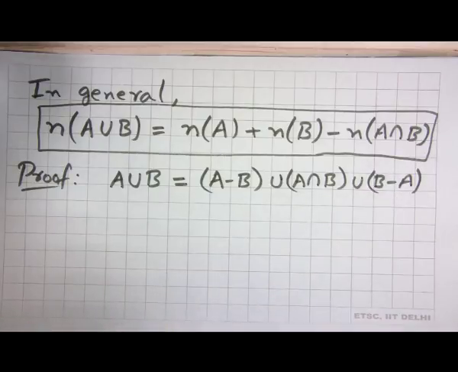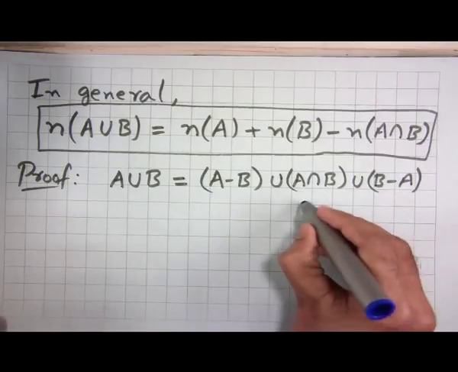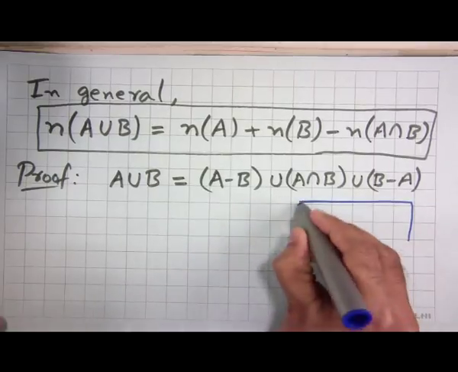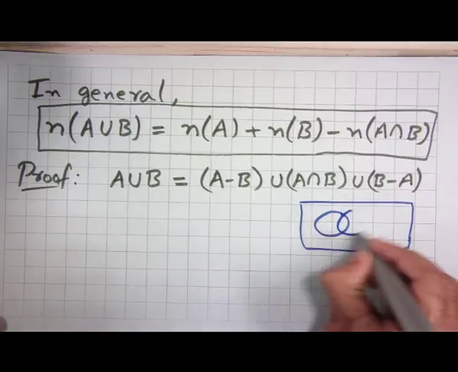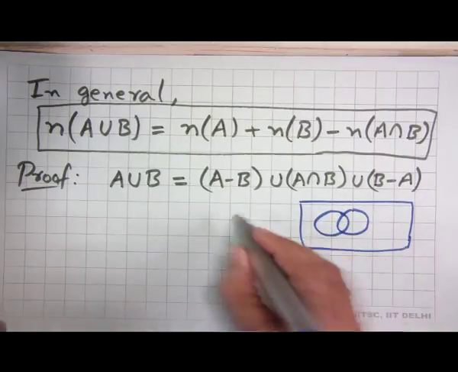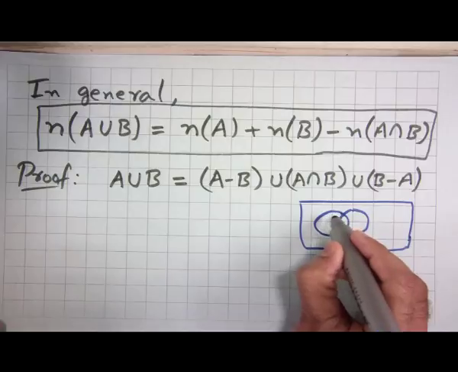So, A union B can be broken into these three parts.